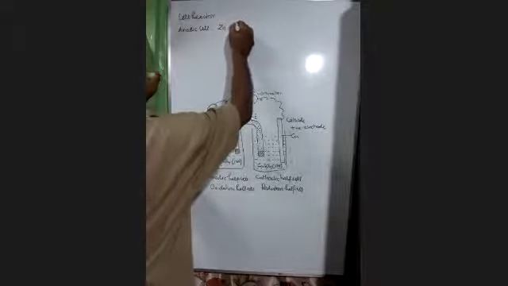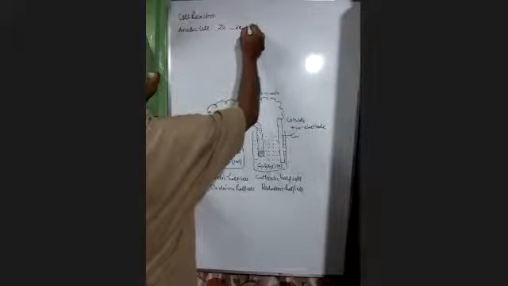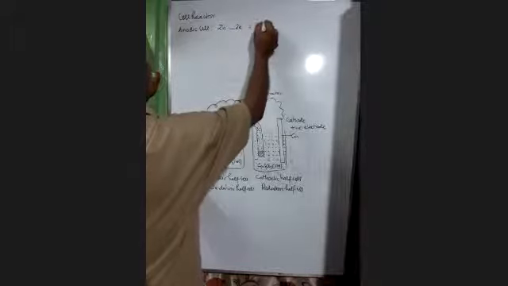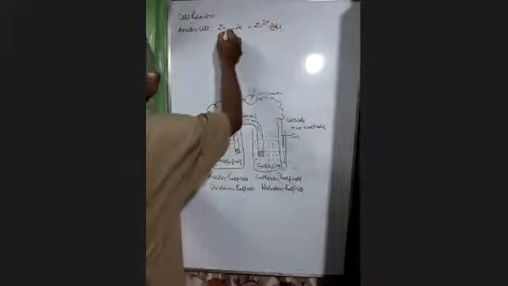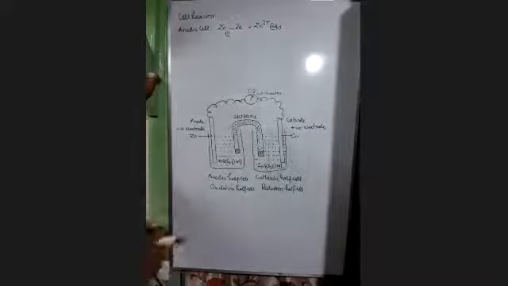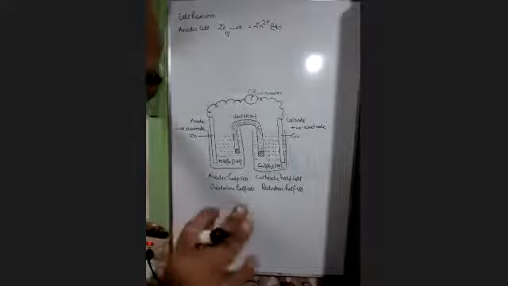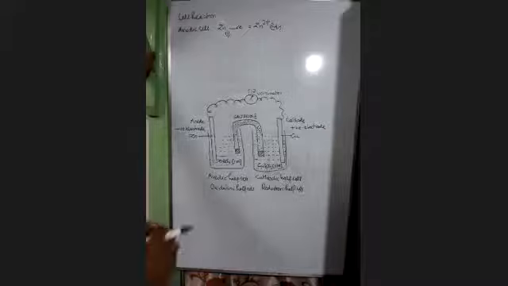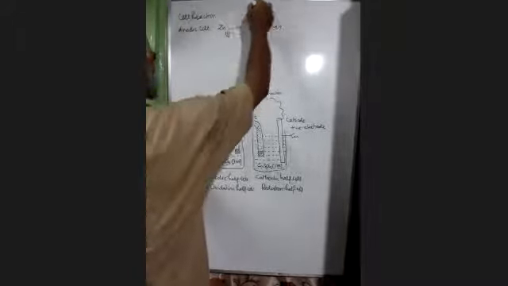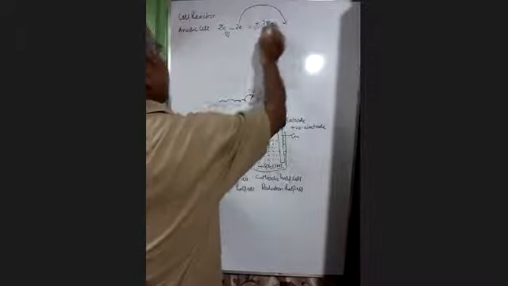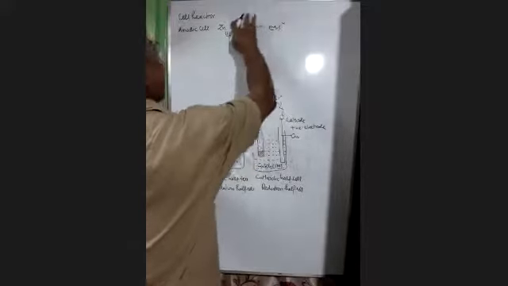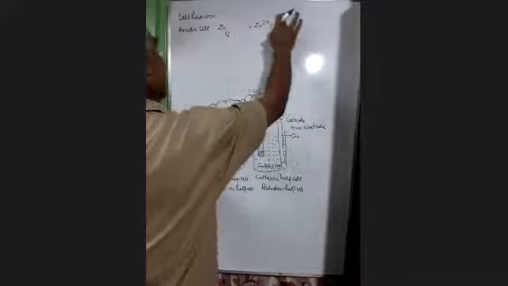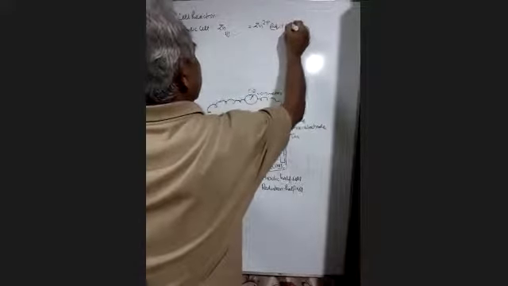So I'm supposed to write 2e here. Don't write it. Then you get zinc 2+. But in a chemical reaction, we are not supposed to write anything with a negative sign. So what we do? We transfer it to this side. When you transfer to this side, negative becomes positive. So in that case, the equation is written like this, plus.